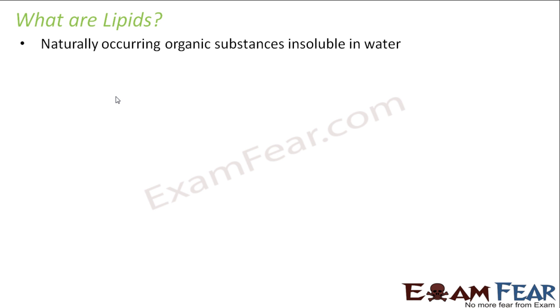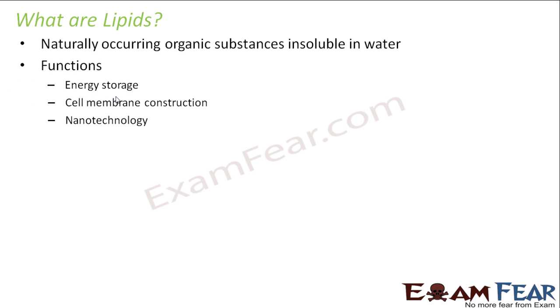These are naturally occurring organic substances which are insoluble in water. As I mentioned, they are fat-like structures, but they are not fats. Lipids are different from fats. What are organic substances? Substances which contain carbon. So they are carbon-containing substances which are insoluble in water.